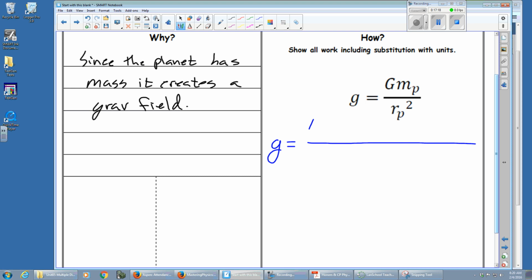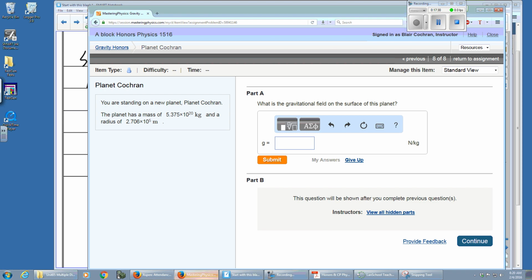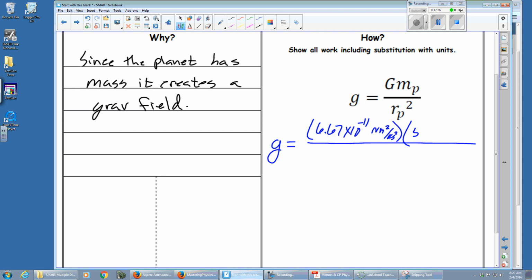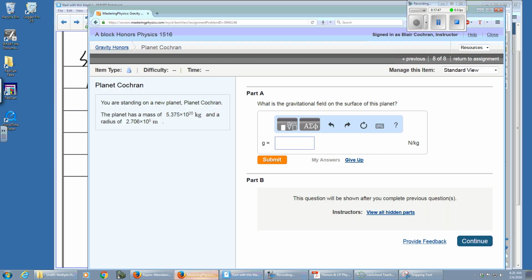Put in big G, 6.67 times 10 to the negative 11th Newton meter squared per kilogram squared. Put in the mass of my planet. For me, it's 5.375 times 10 to the 20th kilograms.